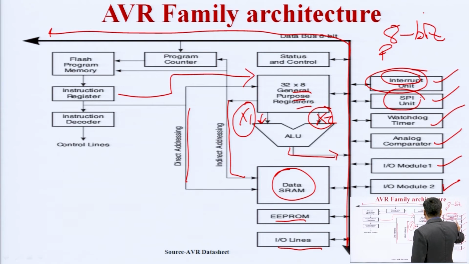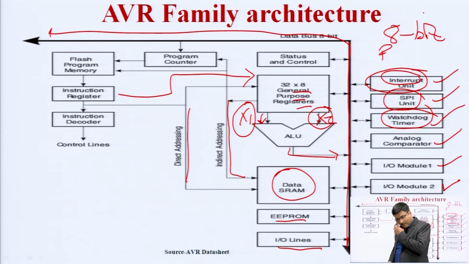After that, there is an SPI unit. We have seen in our previous lecture that SPI stands for serial peripheral interface. So there is a unit which controls the SPI. There is a watchdog timer. In our previous lecture we have seen that this type of timer will reset or restart the system in case of a software fault.